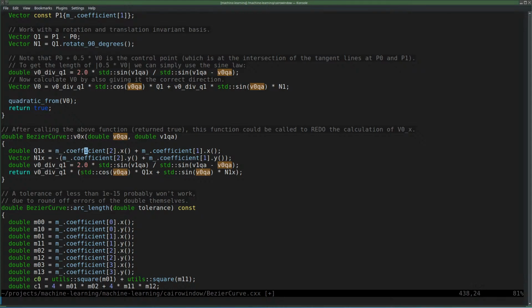Although, yeah, I don't know. This is a direct copy, so that should work. And then we have that one, which is just twice the same thing: once times the cosine times q1 plus the sine times n1. And now we return just the x coordinate, so this should work.